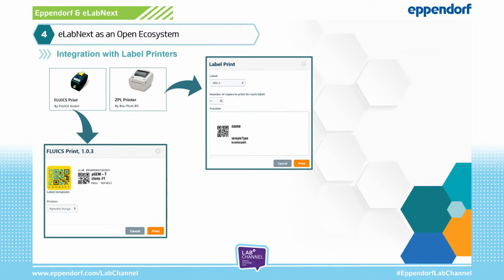One of them is Fluix. You can integrate the Fluix printers with eLab, and we also have integrations with CPL printers. So these are several printers that recognize the CPL language that can be integrated. You can design your labels, just print them, add them to your vial, and when you scan this QR code, for example, with your phone, we have a mobile app, you can access the information of your samples or of your freezers or compartments.